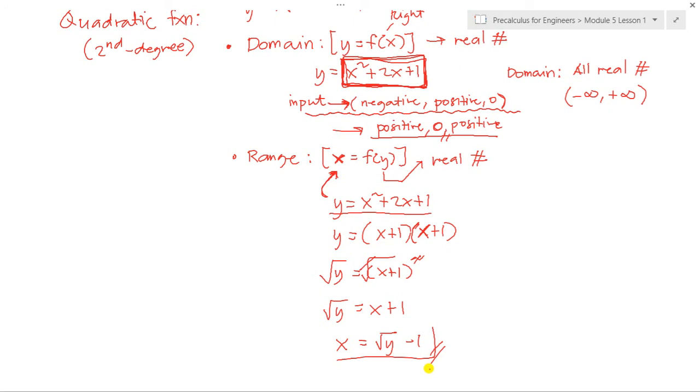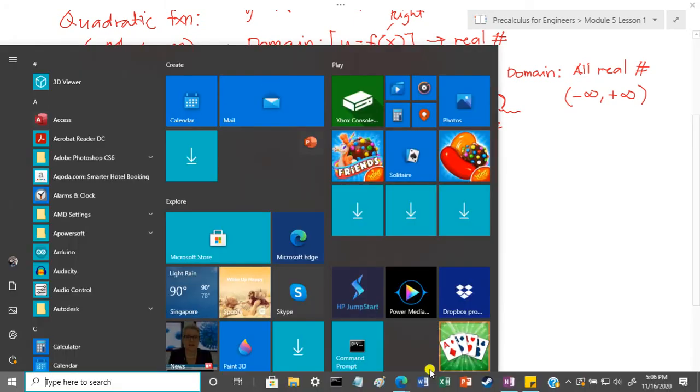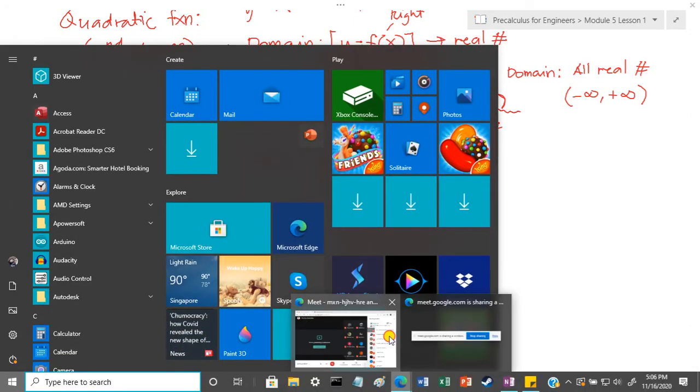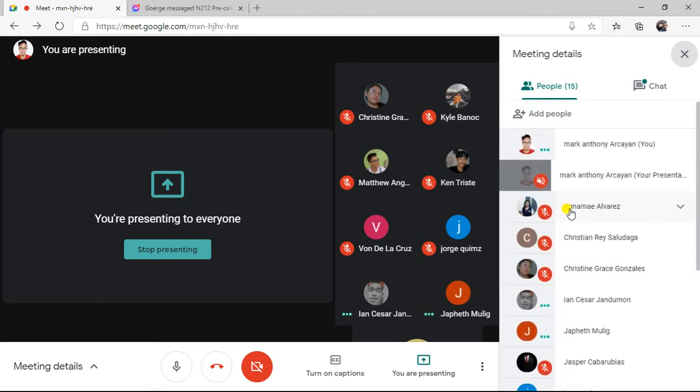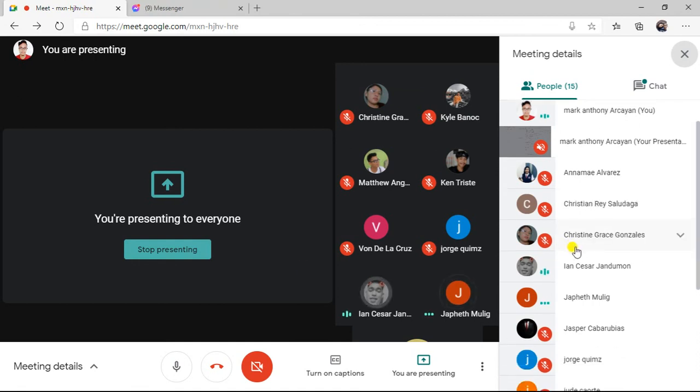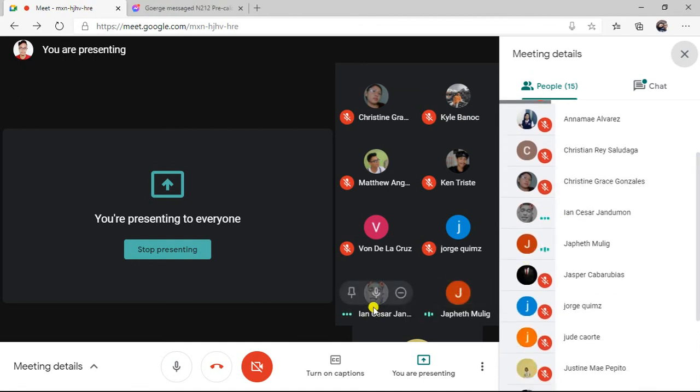So agree ba ang uban ani? Sakto ba? Kinsa mo to naka-answer? Kinsa mo to? Dili ko familiar sa kuan gud. Pasar na. Oy, si Handumon.